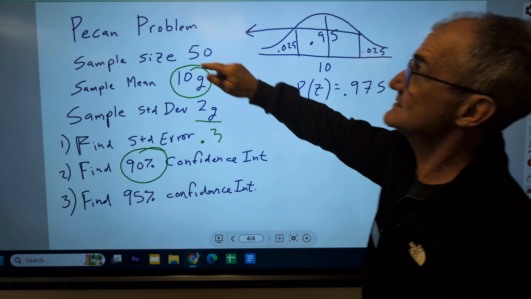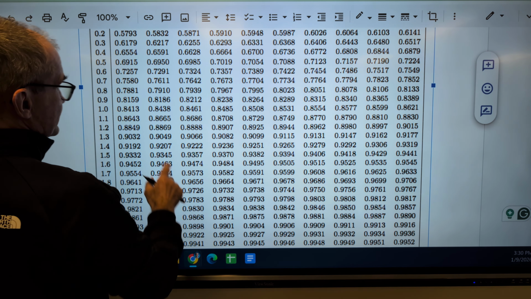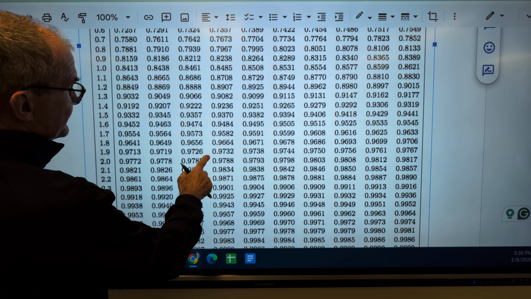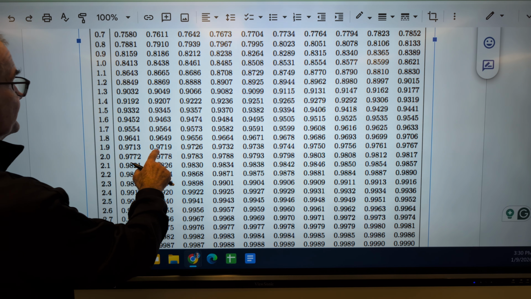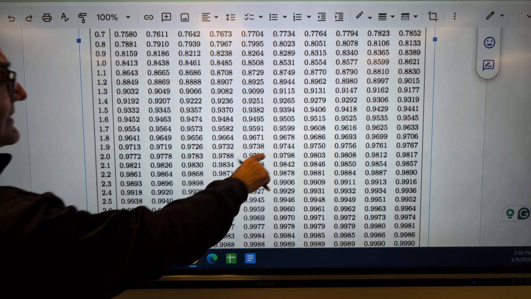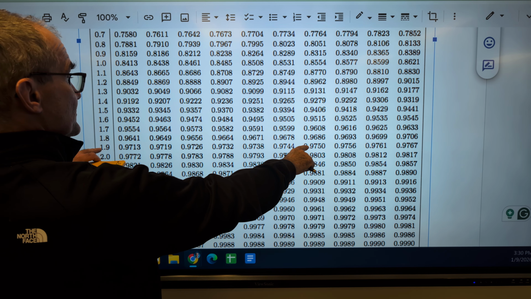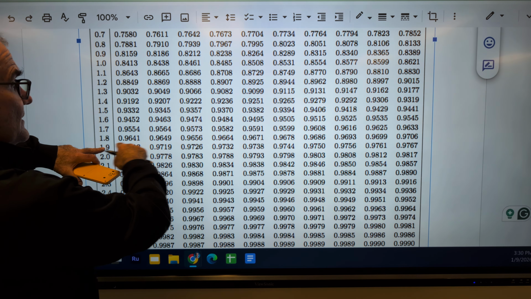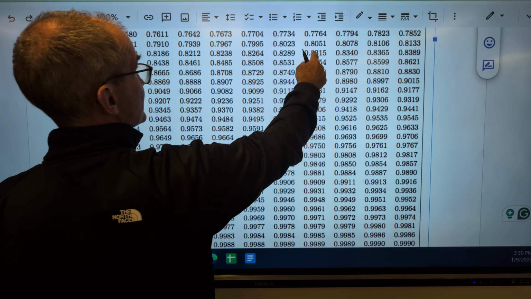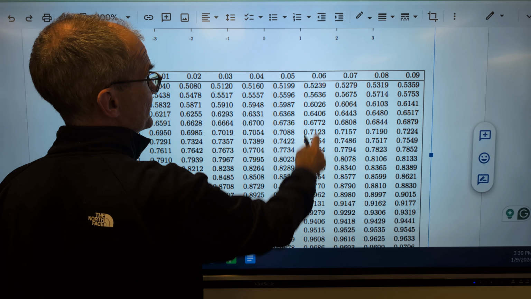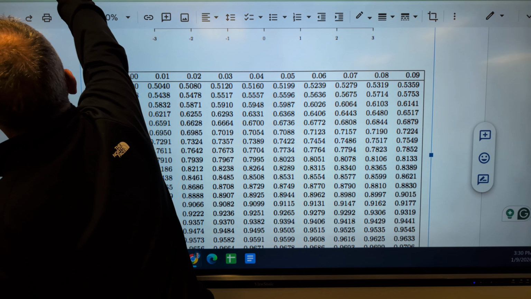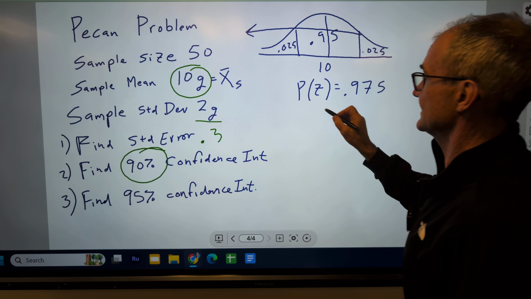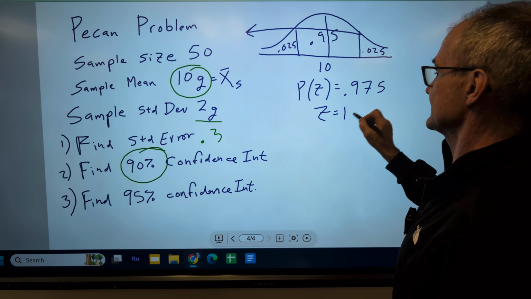I go over to my Z table right here and I look up 0.975. Gotta stand back, it is right here, and it's a Z value of 1.96. So 1.96 is my Z value.